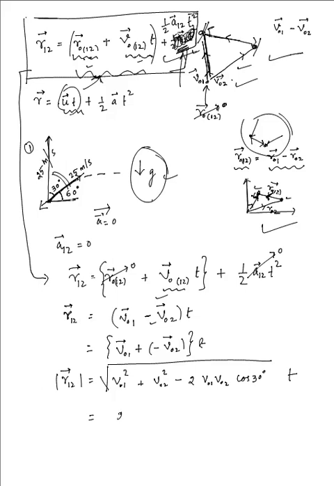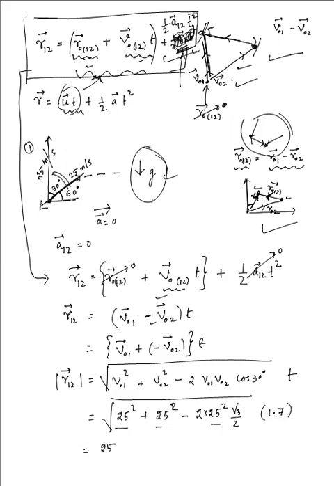Now this is 25 squared, the other one was 25 squared, minus 2 times both being 25, we again have a 25 square term. Cos 30 is simply root 3 by 2, that under root multiplied with the time, that is 1.7. 25 squared can be taken common.